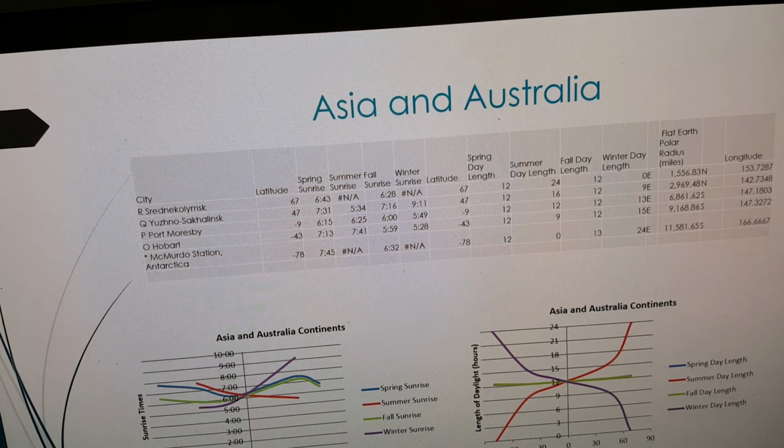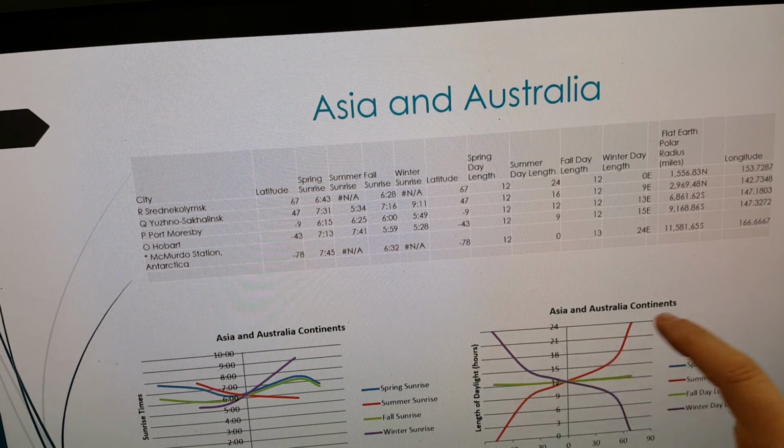And then looking at length of day, clearly spring and fall lie right on top of each other and are exactly 12 hours in the spring and fall. In the summer and winter, they're exactly opposite each other.